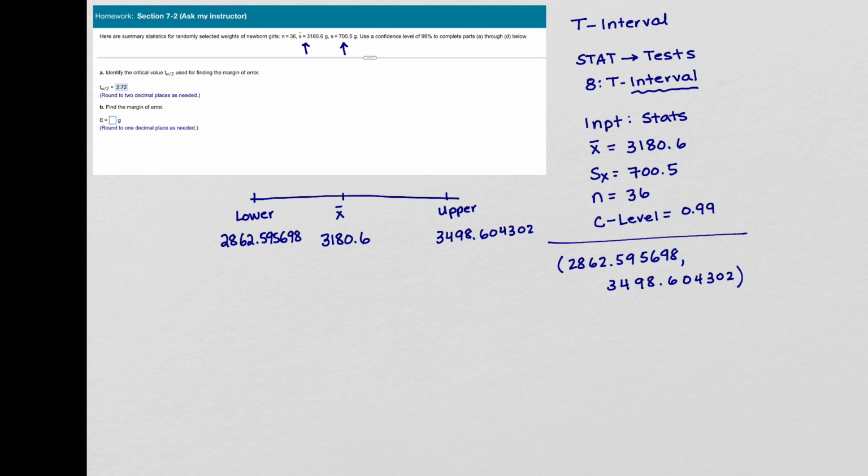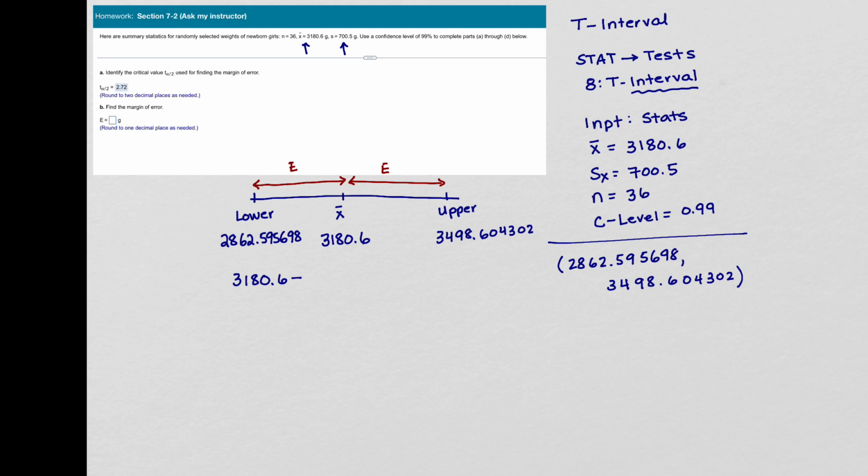So in order to find the margin of error is really just the distance from the center, which is our sample mean, to the lower limit, or we could take the upper limit to the sample mean. Either way, either of these is the same. They're both the margin of error. So you just subtract whatever way is more comfortable. You're probably using the calculator. It probably doesn't really matter at all.